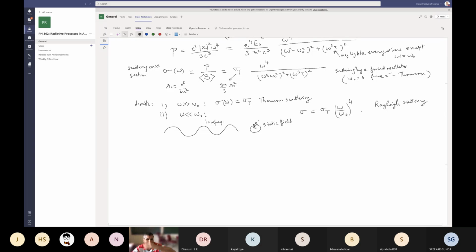This is not due to free electrons. So this is the second limit, the Rayleigh scattering limit: the frequency is much less than the natural frequency, so it's almost like a static limit.